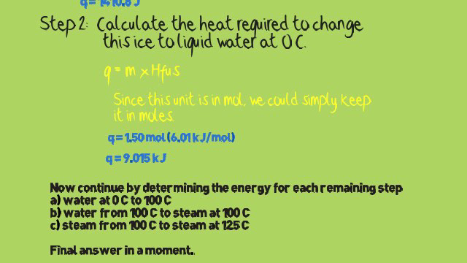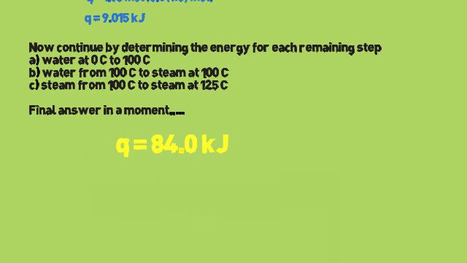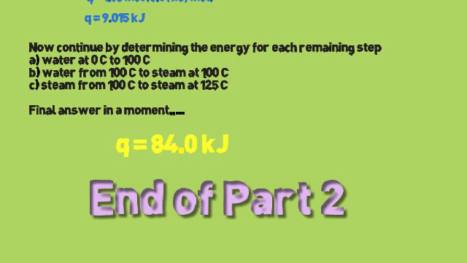Final answer: in a moment you can pause and work it all out, then come back. And the final answer is shown below. This is the end of part 2.